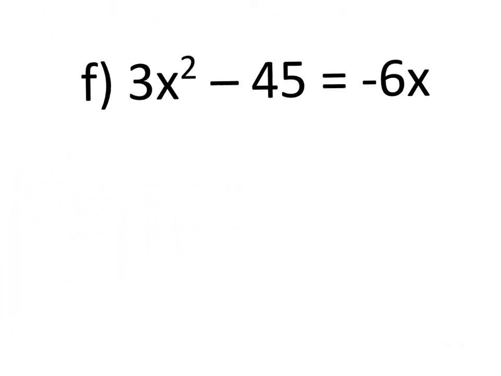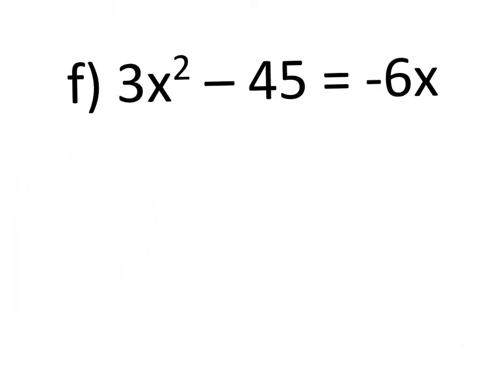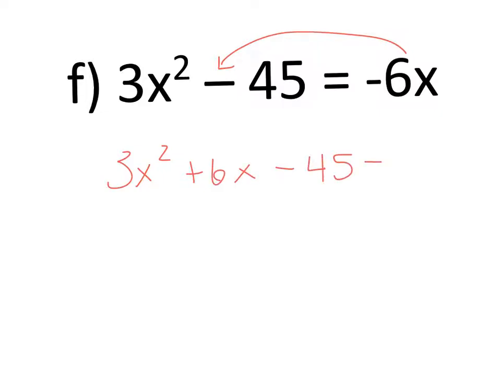Okay, so on this guy, I'm going to go ahead and move my 6x over. So I'm going to bring that guy right here, and I'm going to get 3x squared plus 6x minus 45 equals 0. Now in this case, there is a GCF of a 3, so I'm going to pull a 3 out first, and I'm going to get x squared plus 2x minus 15 equals 0.